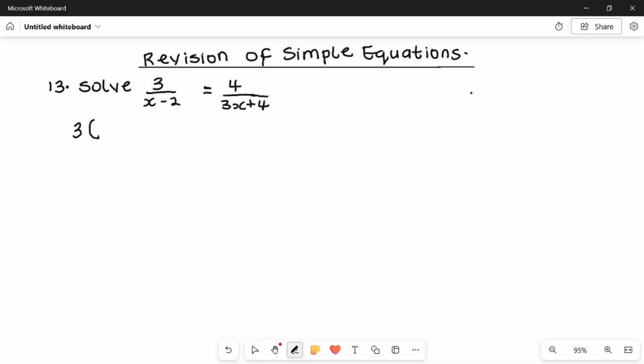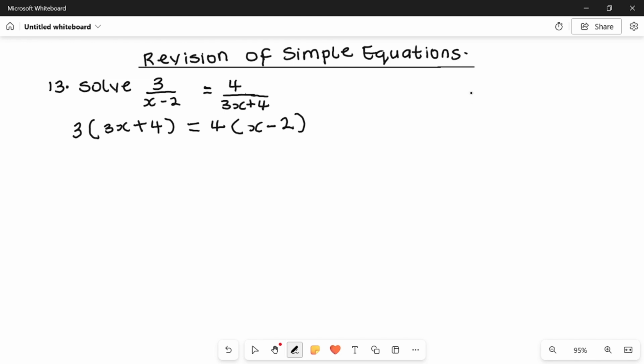So we have that 3 into 3x plus 4 equals to 4, that's this one here, into everything here, into x minus 2. So what's the next thing to do?